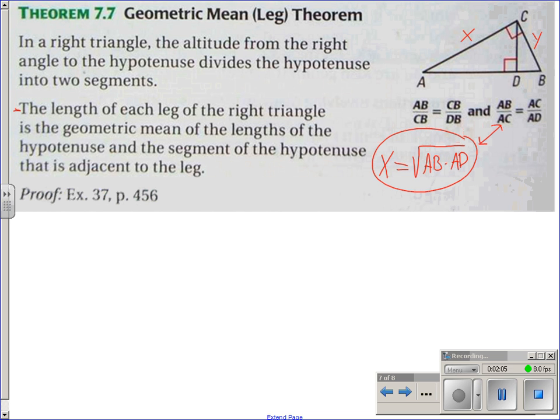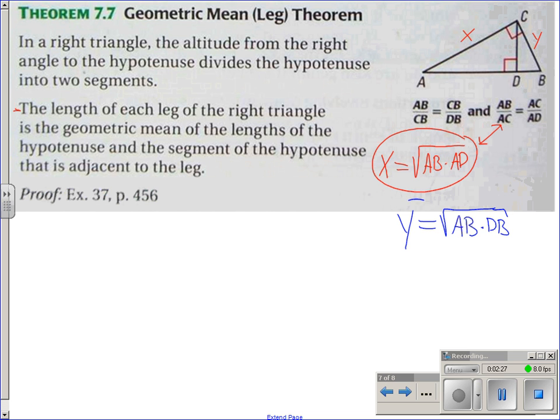So now, looking at the other leg, side y, that leg is the geometric mean of the biggest hypotenuse, that's AB, multiplied by the part of that hypotenuse that is adjacent to the leg, right next to it, that's side DB.